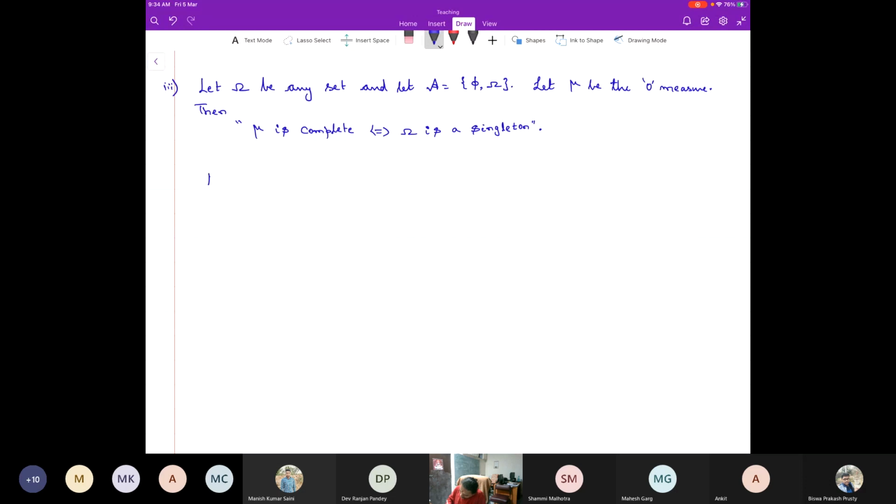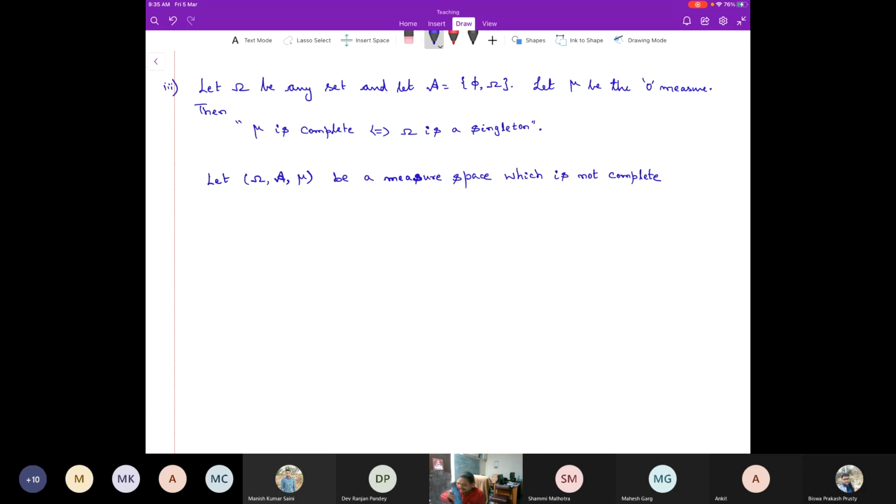So now let omega, A, mu be a measure space which is not complete. See, if you have a metric space which is not complete, then you can complete it.